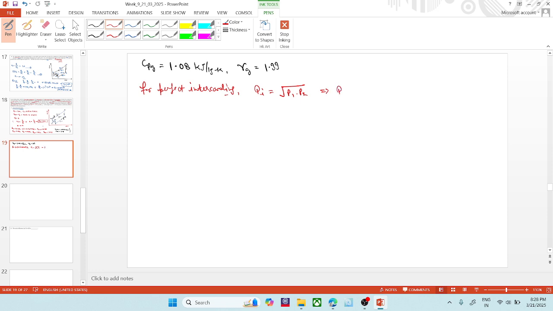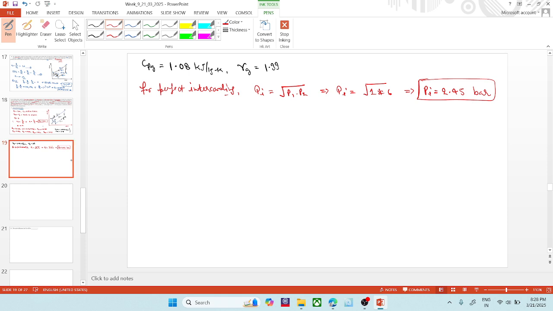So Pi would be the geometric mean of 1 into 6. So Pi would be 2.45 bar. Okay, this thing we got.